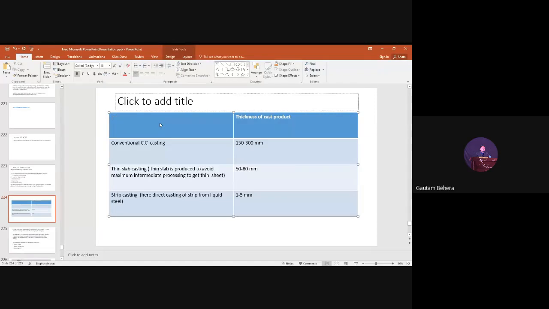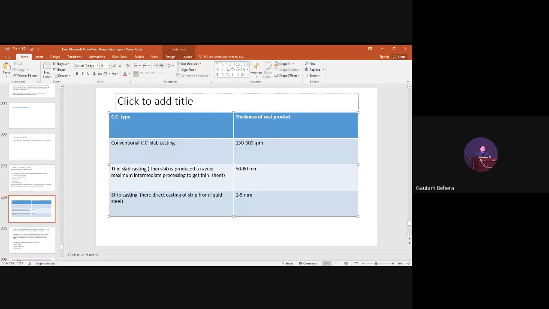Here is the continuous casting type. In this table we have the continuous casting types, and here the thickness of the cast product. So you can see in the conventional continuous slab casting, the slab which is produced has a thickness of around 150 to 300 mm.